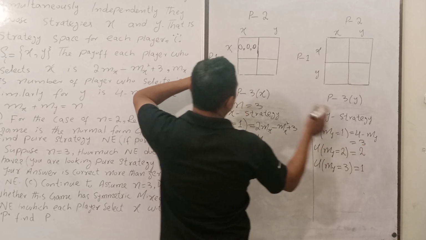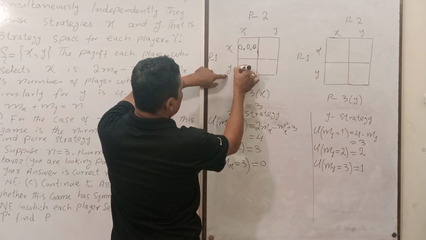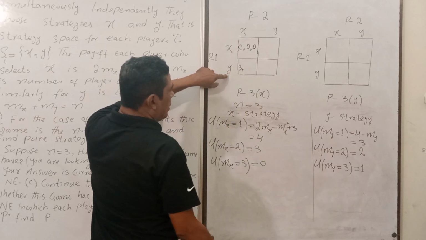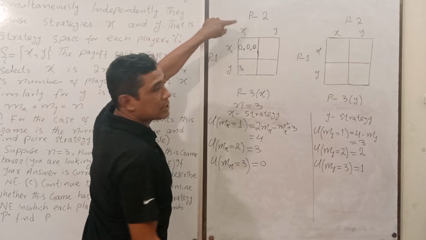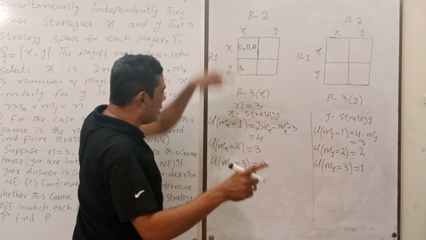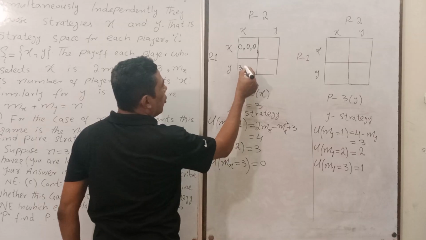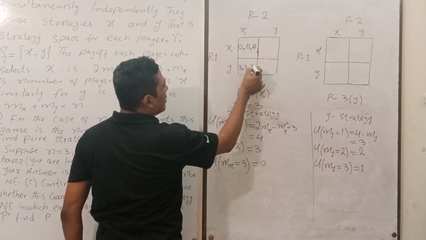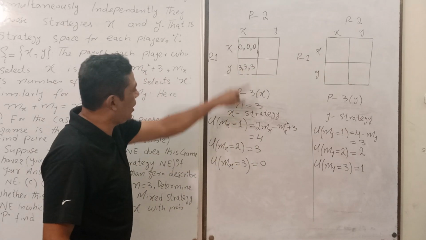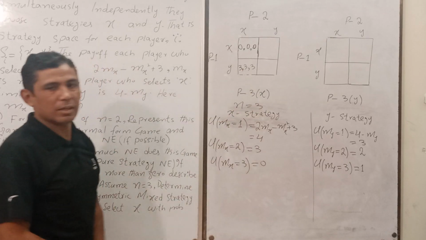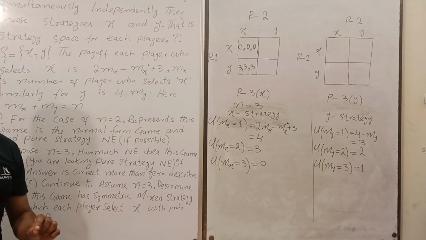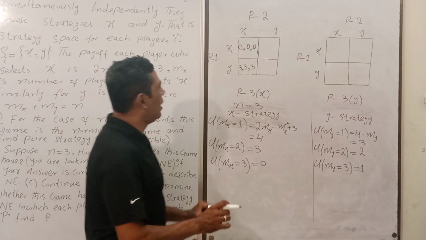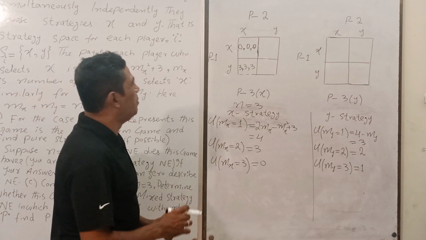So what about this one is 3. Yes, you got my point. And now the remaining 2 play strategy X. So mx equal to 2. So both have 3, 3, 3, 3. You got my point? Clear? Very simple.